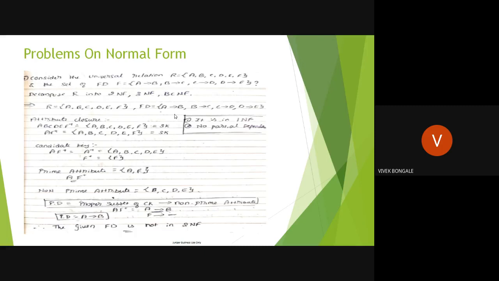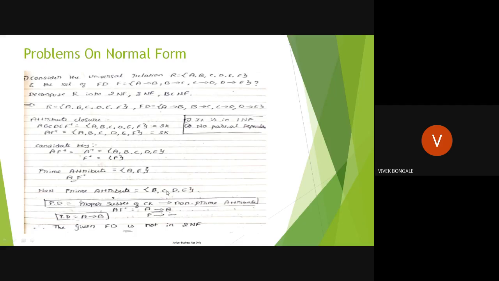How to find second normal form? We have a formula: proper subset of candidate key. We find the attribute closure of each attribute in the candidate key, A and F. If A is involved in the functional dependency to determine any attribute, here A is determining B. Then we check whether this B is a prime attribute or a non-prime attribute.